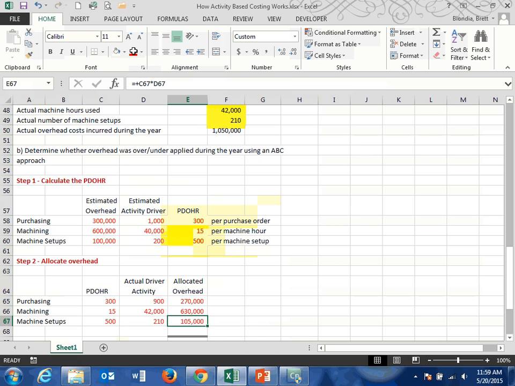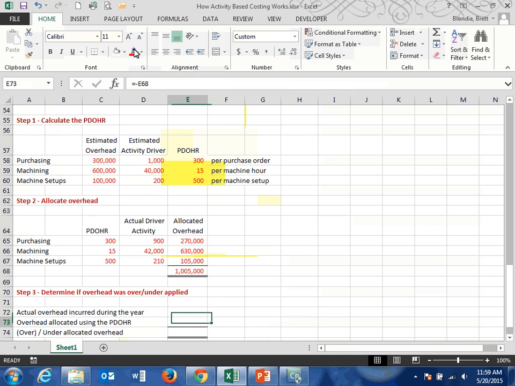Okay, so again, 3 activity pools, 3 allocations. At the end of the day, the sum of those 3 numbers is $1,005,000 worth of overhead allocated. Okay? So the third and final step again is just to decide, was I over or under applied? Now I know that I applied $1,005,000 worth of overhead.